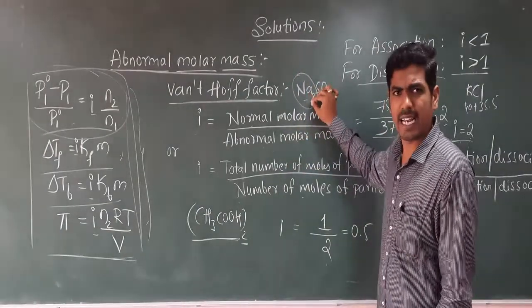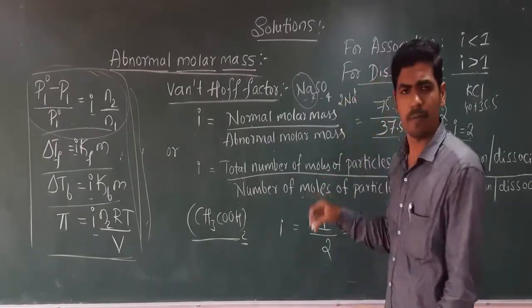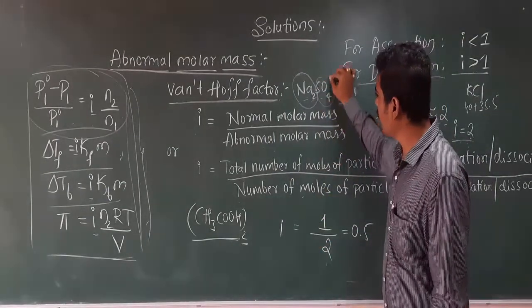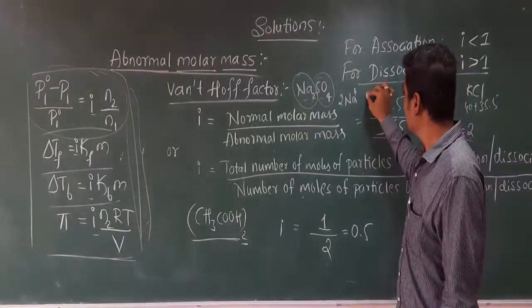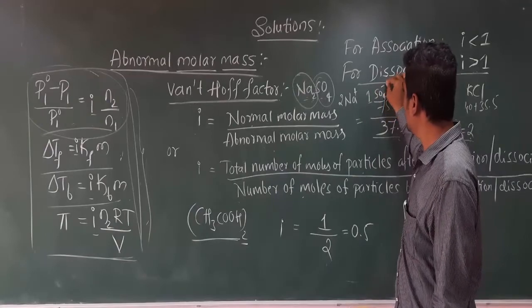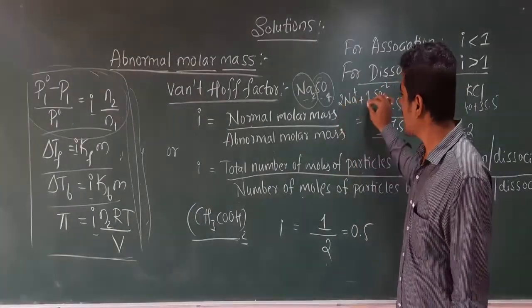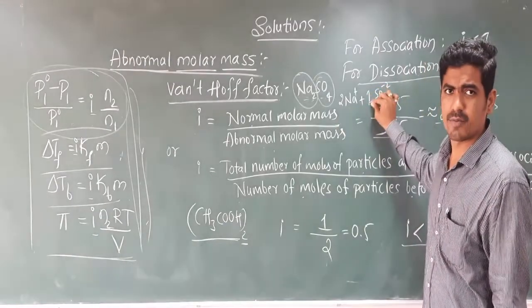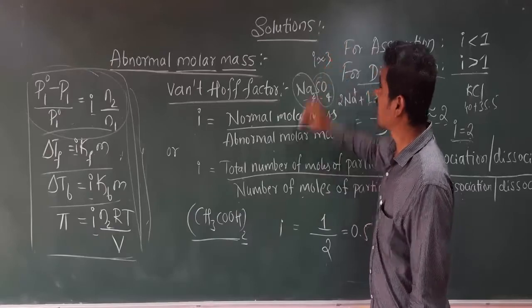Here 2 Na are there. So 2 Na plus ions will be formed. And how many SO4 ions are there? Only 1. So 1 SO4 minus 2 ion will be formed. So 2 plus 1, that is 3. So the value of i is nearly 3.